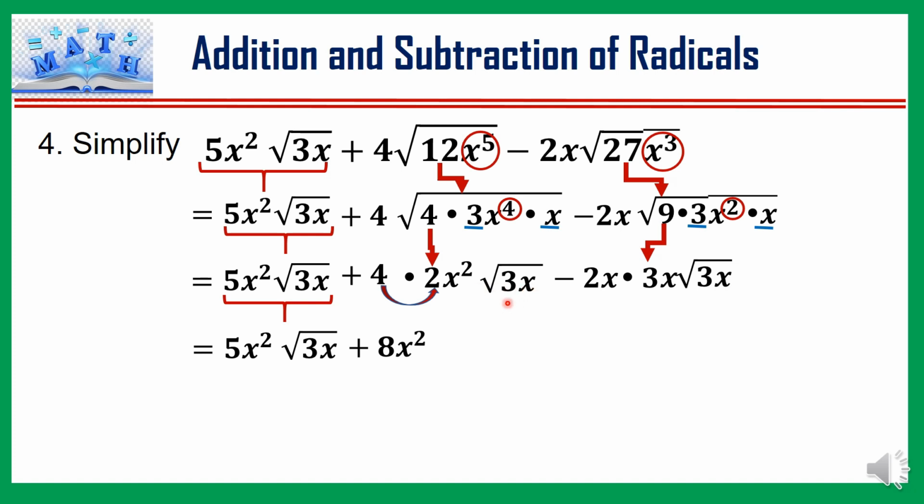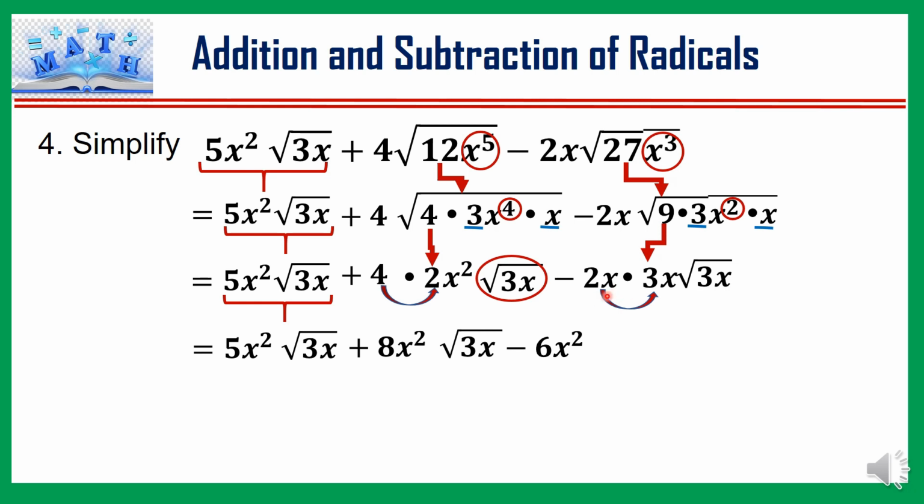Ang gagawin po is kokopyahin na lang po natin yung square root of 3x. Okay? So, let's proceed. 2x times 3x, meron tayong sign dito na negative, huwag kakalimutan. So, that will become negative 6x. Again, recall po natin yung rules of exponent in multiplication.